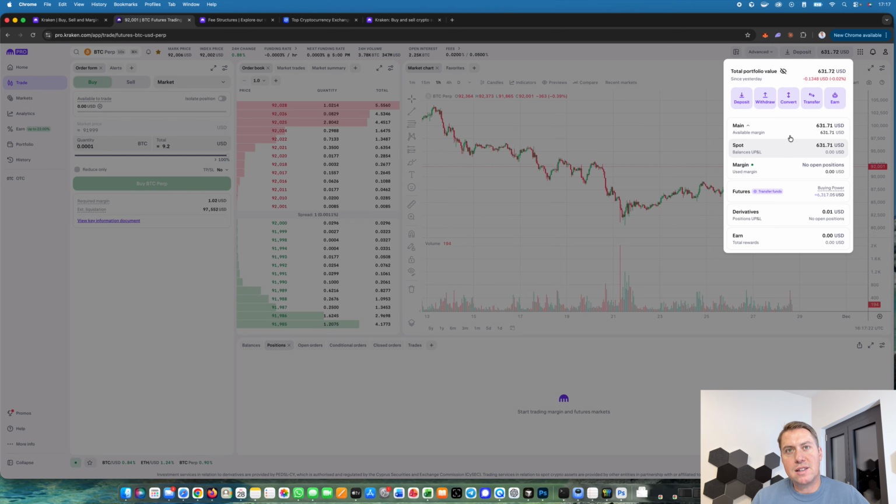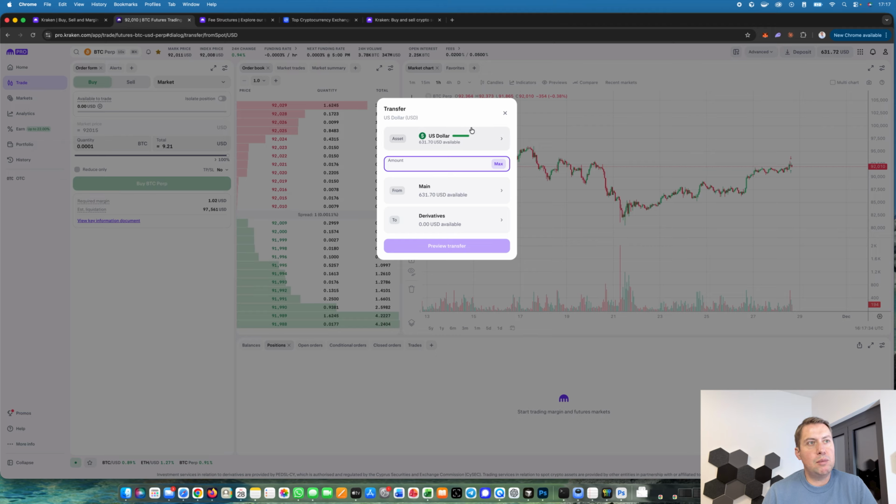That's basically the same. And then they have a derivatives wallet. A derivatives wallet is if you want to trade futures, and you can fairly easily move money from one wallet into another. I use the main wallet if I want to trade spot, so if I want to buy a cryptocurrency and own it.